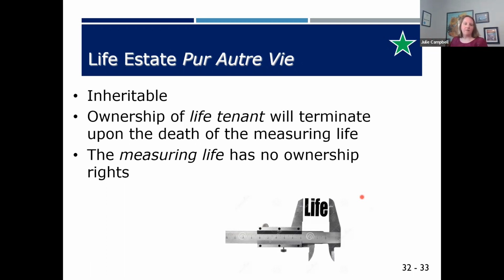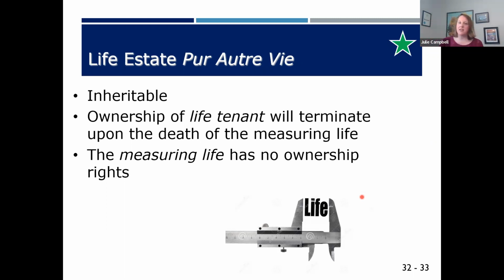The measuring life is the pour autre vie, and their life is the yardstick that will determine how long the life tenant owns it. So how long does the life tenant own it? It depends on how long the measuring life is alive. At the end of the measuring life's life, it will either go back to the grantor or it will go on to a named third party.